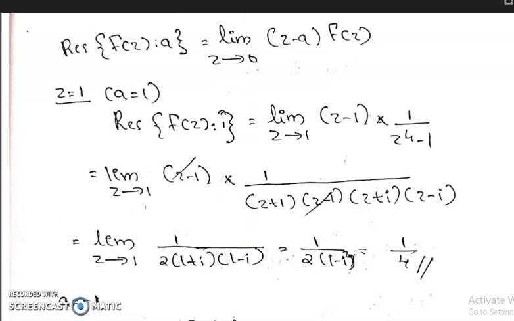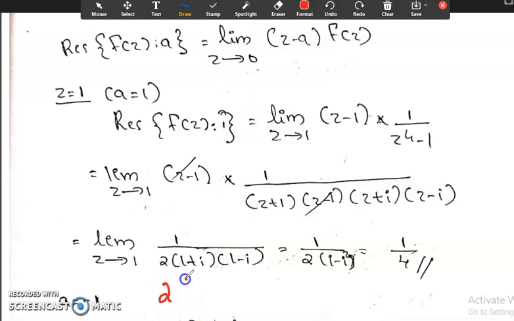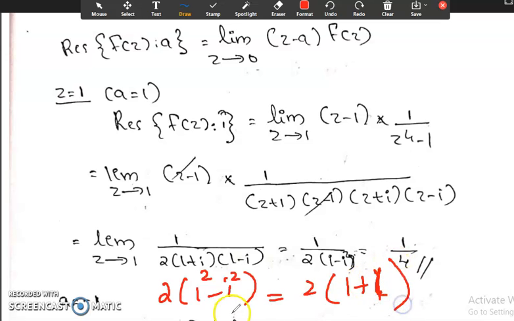So here you should follow that method: 2 into a square minus b square. That is 2 into 1 plus i square, which is minus 1, so 1 plus 1. Then 2 into 2 you get 4. So the denominator is 4.